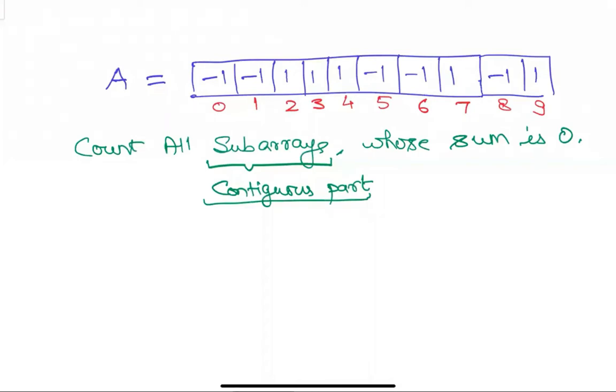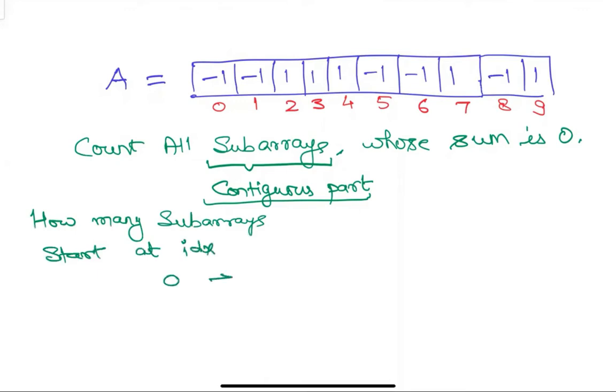So if you look at the above array and talk about subarrays, how many subarrays start at index 0? 9, because the first subarray is starting at 0, ending at 0.